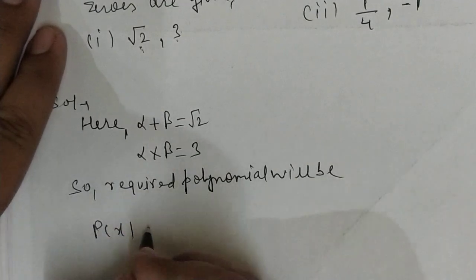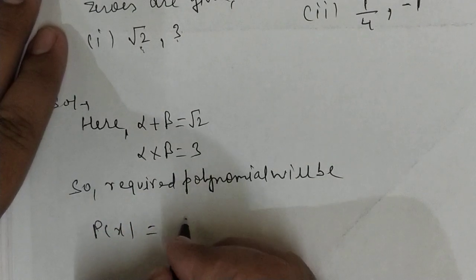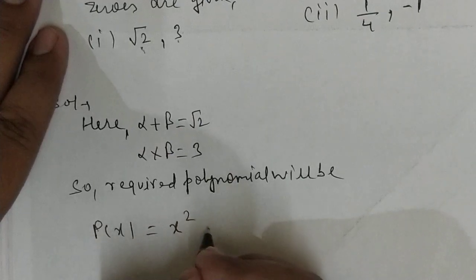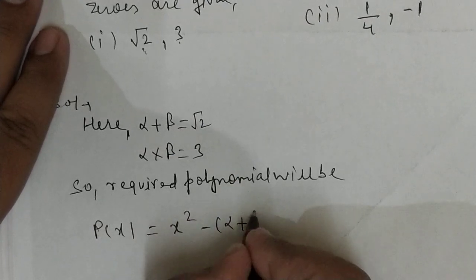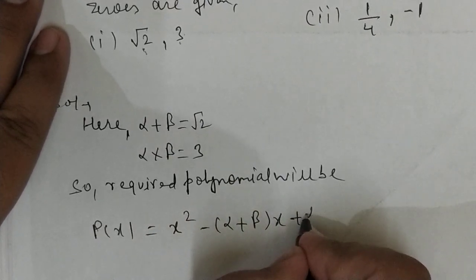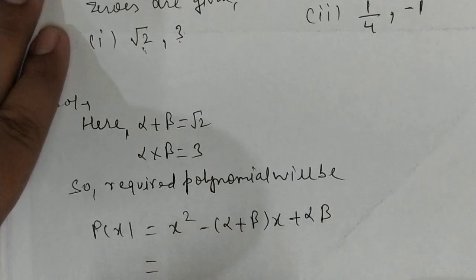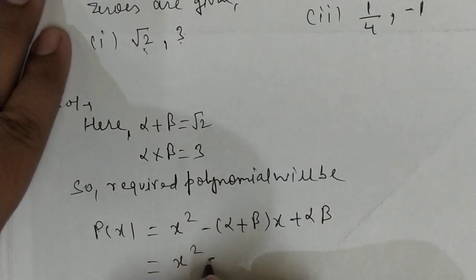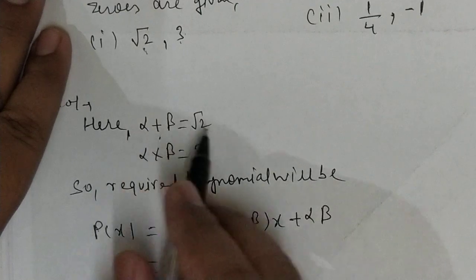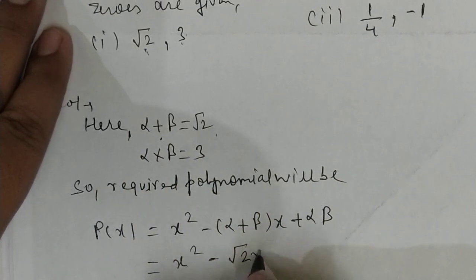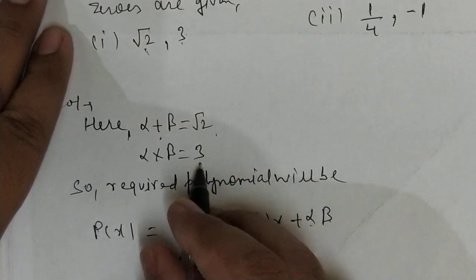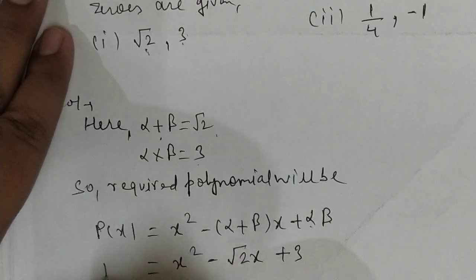I will be using the direct formula. So x square minus alpha plus beta into x plus alpha into beta. So x square as it is, what is the value of alpha plus beta? Root 2x. What is the value of alpha beta? 3. So this is the required polynomial.